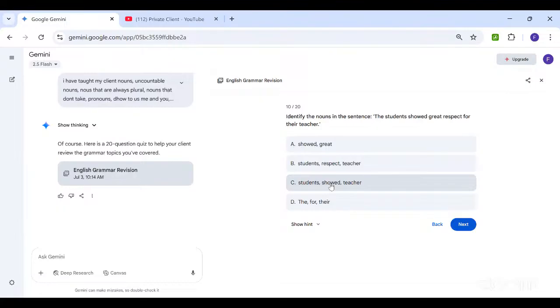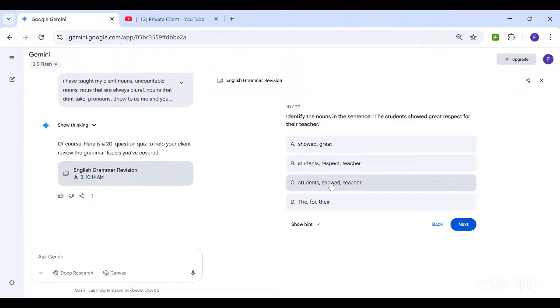Let's start with the word respect, because in C we have student and we have teacher. Now, respect can be a noun. However, respect can also be a verb. Now, in this sentence, let's analyze it. The student showed great respect. The student showed is a verb.